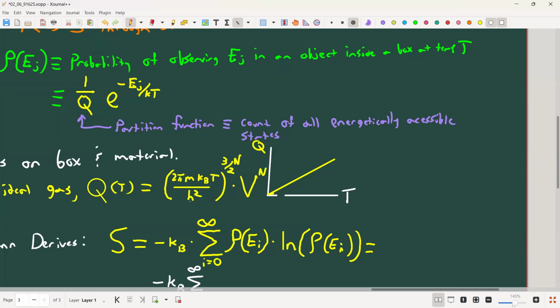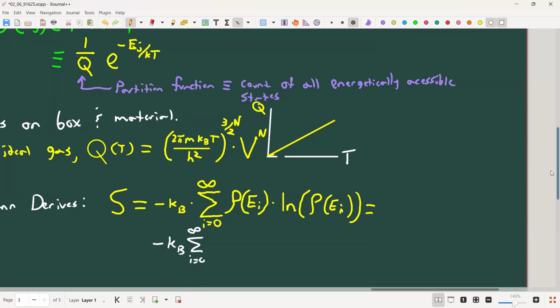Are you going to plug in Q also? Yes, but not the whole thing. I'm going to leave Q by itself. I'm just writing Q down here. Q is just going to be a number. It's a temperature dependent number, but it's just a number. We don't really have to worry about how Q varies at the moment. That would be nasty. We're not going to be that precise.